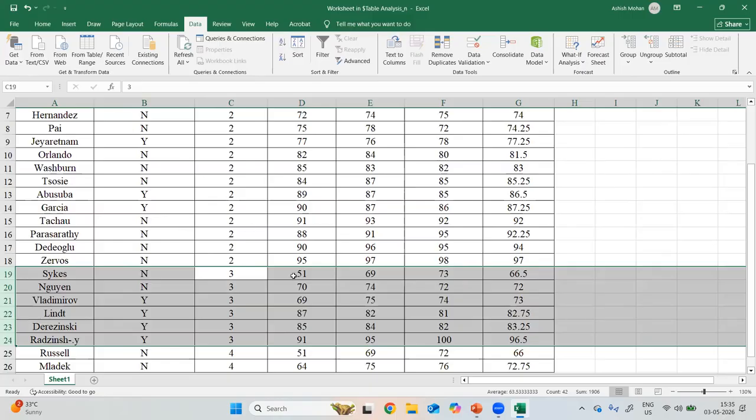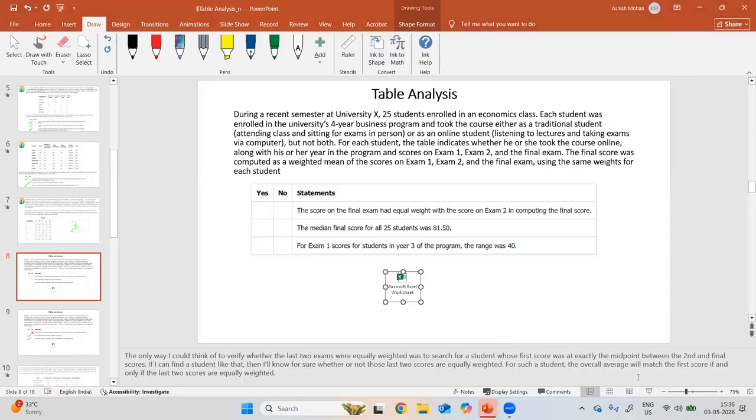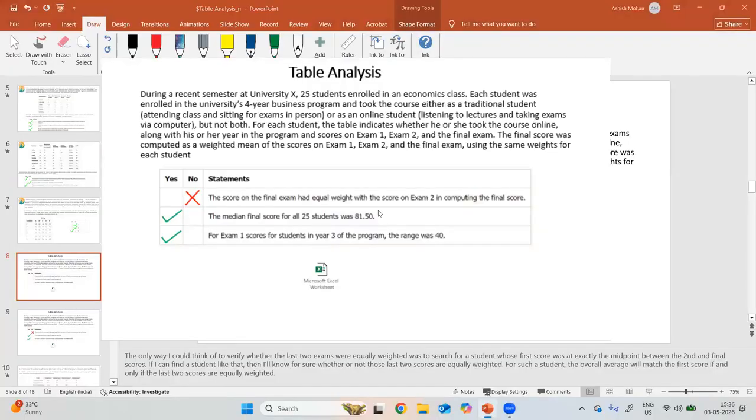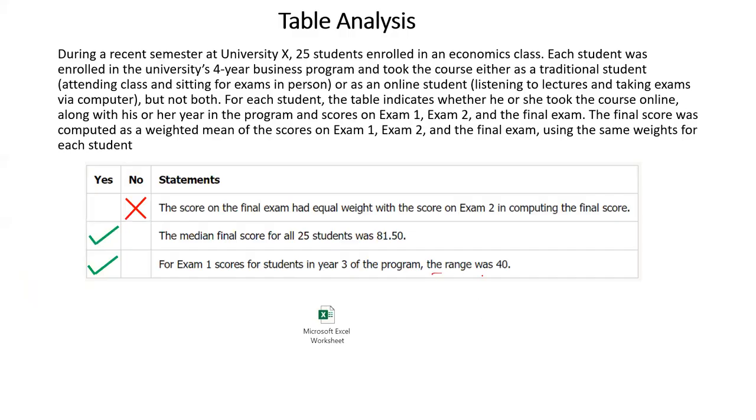And what is the maximum exam one score? 91. So again, as I said, range is always maximum value minus minimum value. In this case, it would be 91 minus 51, which is 40. And that's exactly what the statement also mentions. So the range was 40 is also correct.